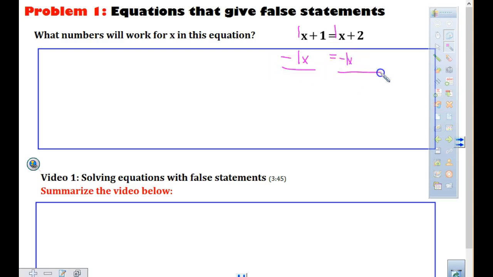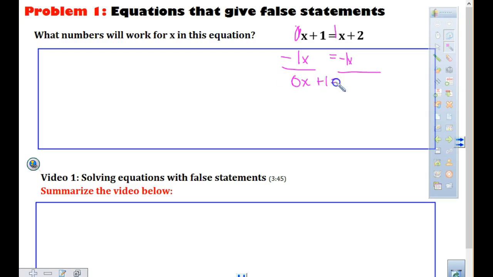When I do that, Angel, 1x minus 1x gives us, so take a positive 1 and subtract 1. What would you get? Take 1 and minus 1. 0. I could either write this as 0x or I could write it as just 0.